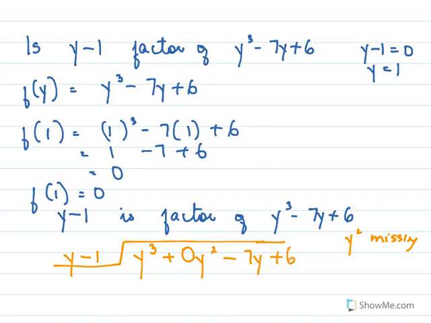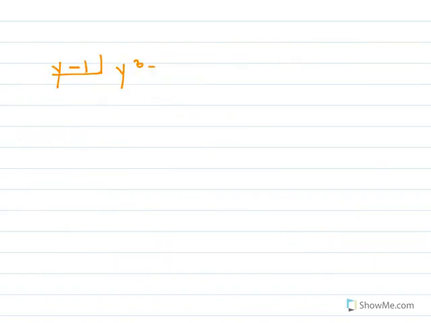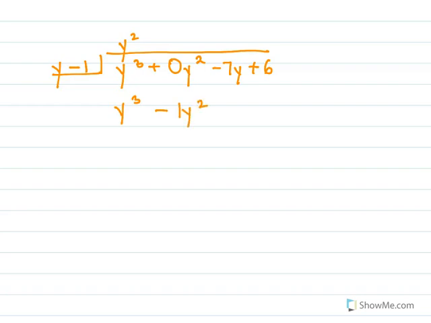Now go and do this division, and when I do this division, what I get here is the other factor. So remember here I'm dividing, I put 0y square because the y square term is missing, plus 6. So when I do this division, I get y square. This becomes y cube minus 1y square. I'm multiplying, so minus plus, I cancel, plus 1y square minus 7y plus 6.